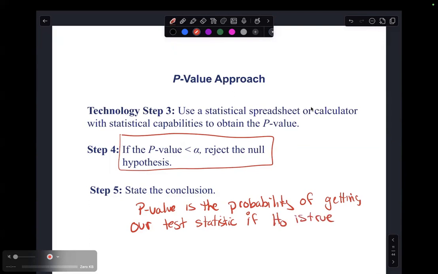So if that p-value is smaller than our alpha, then we reject the null hypothesis. If the p is low, reject the H naught. I know I already talked about this, but I feel all of it bears repeating.